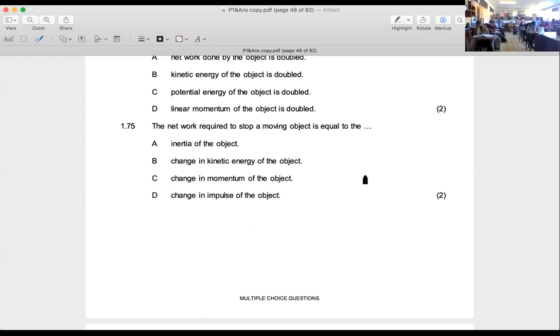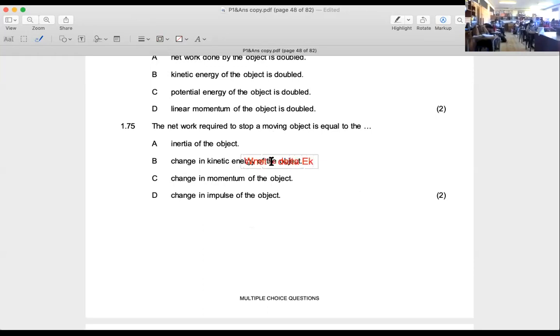Okay, how are we going to solve this problem? I know we're going to have to use formulae like work net equals delta EK.